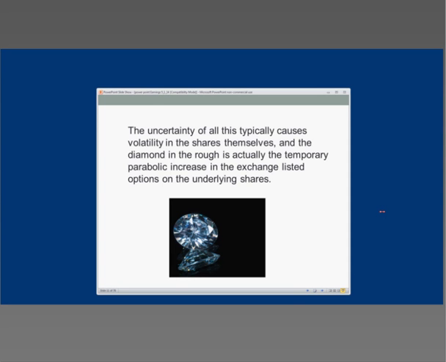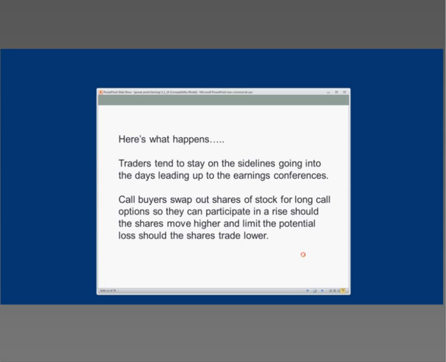So I always tell my clients and my members, you want to embrace risk and look for those opportunities. The uncertainty of all this typically causes volatility in the shares themselves. And the diamond in the rough is actually that temporary parabolic increase in the exchange-listed options on the underlying shares.